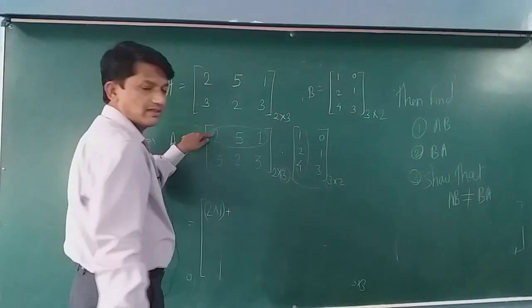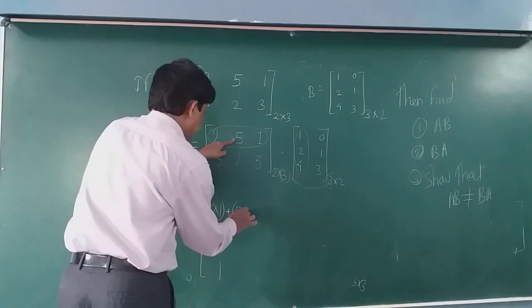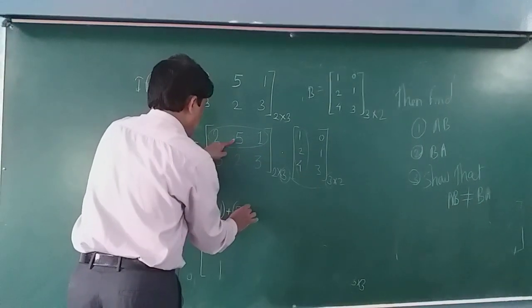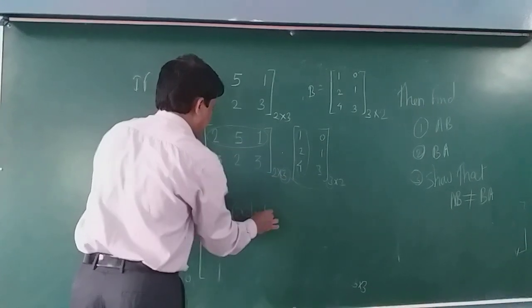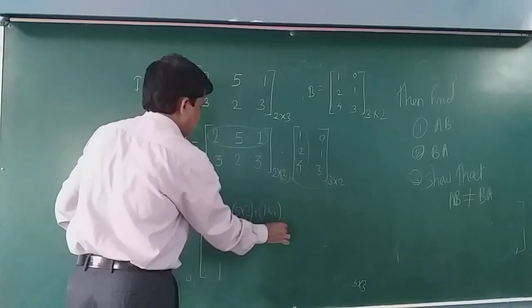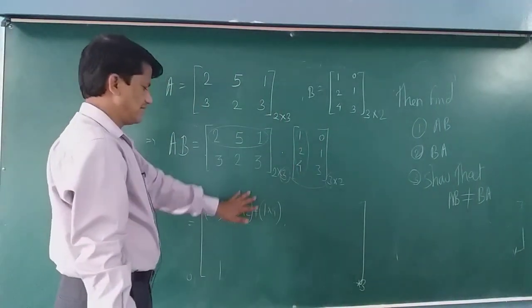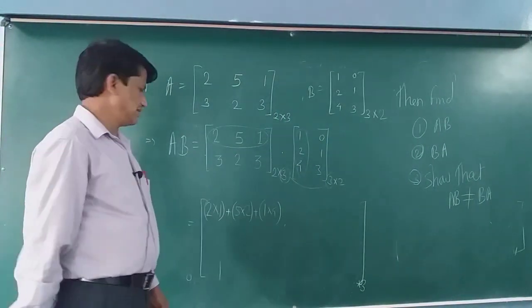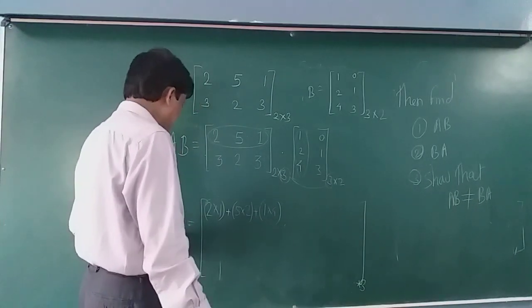Plus, go here, 5 multiply by 2. Plus 1 multiply by 4. This will give us our first answer, the first number at this position.